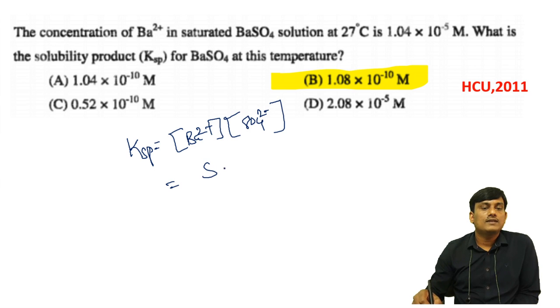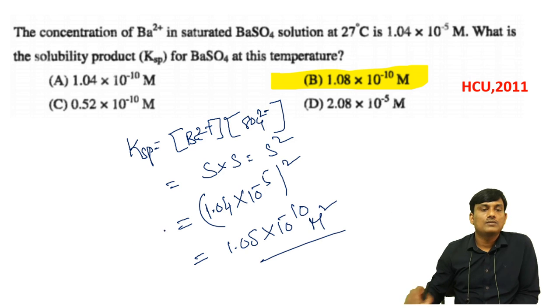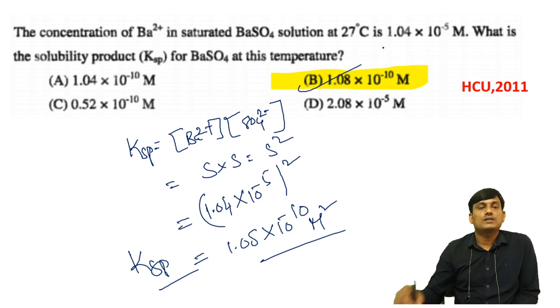This is the S and this is the S, so S squared. The solubility of BaSO4 is 1.04 × 10^-5, whole squared. So you will get 1.08 × 10^-10. This is the solubility product.